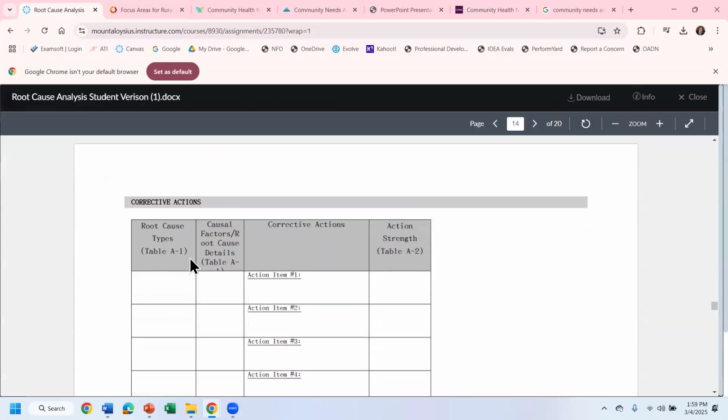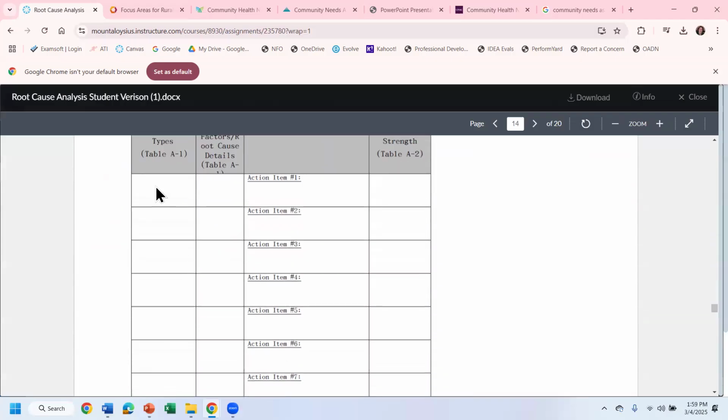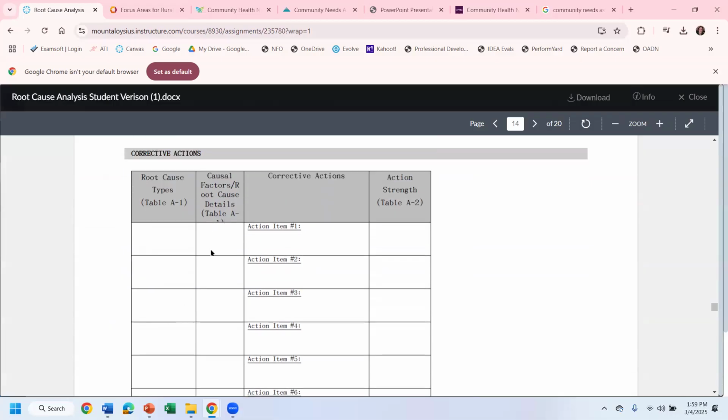Then we get into corrective actions. And this is, again, you'll get these from A1, communication, environmental, and so forth. What were the underlying details and how are you going to correct them?